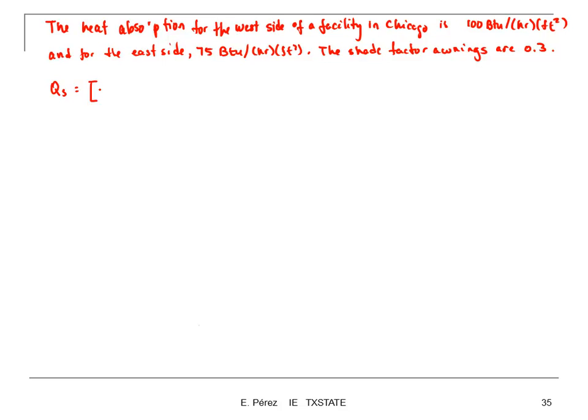So QS is 8 times 32 feet squared plus 2 times 24 feet squared, times 100 BTUs per hour feet squared Fahrenheit.